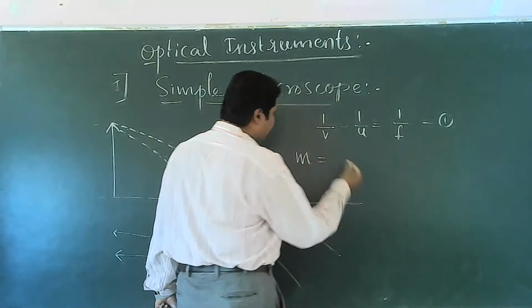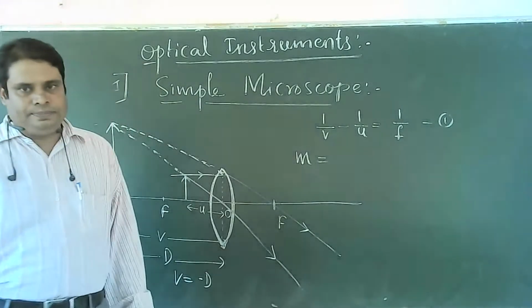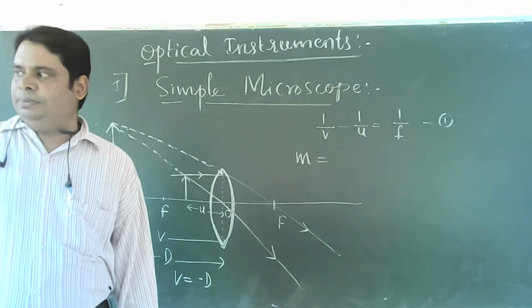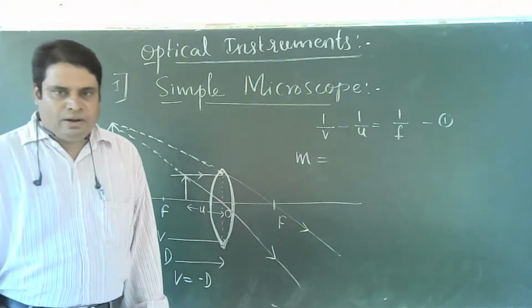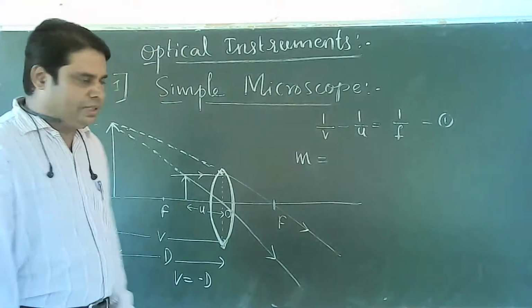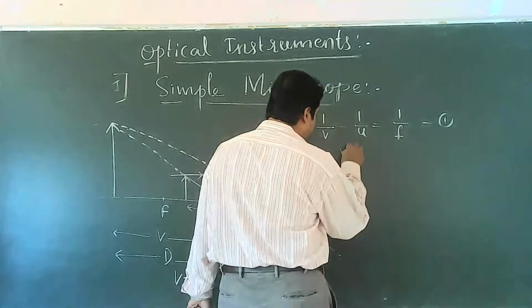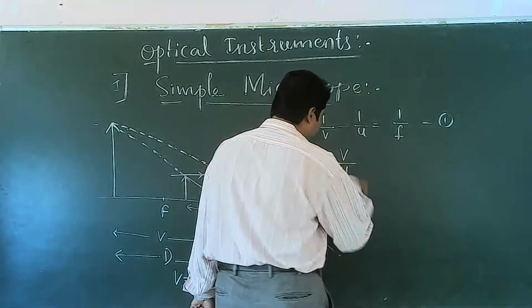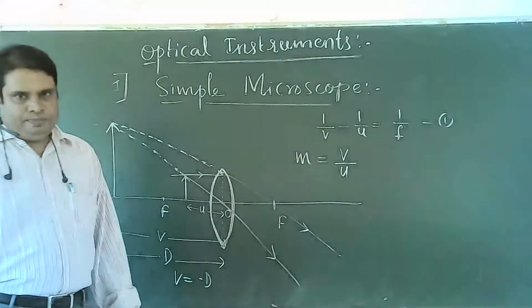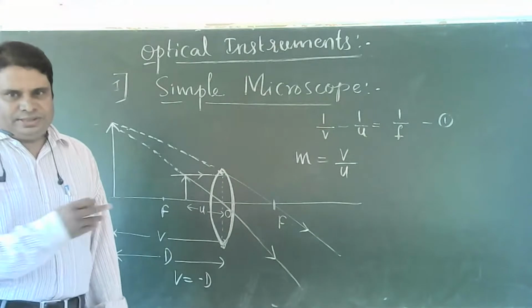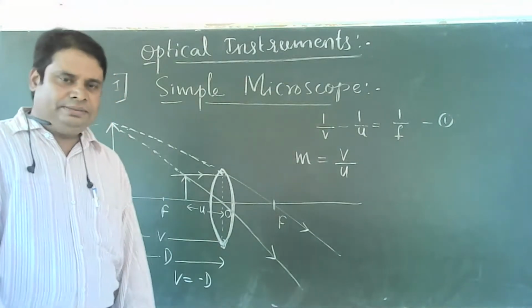We know magnification is defined, in case of a lens, as the ratio of height of image to height of object, or in terms of V, it is equal to V by U.